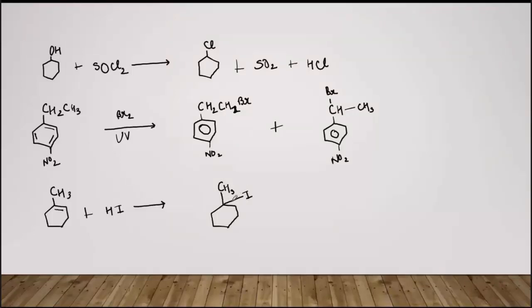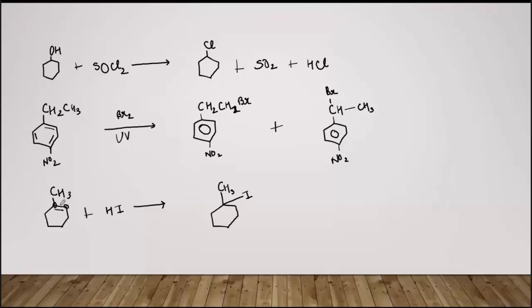Why? Because here there are two possibilities for the attachment of iodine: this carbon and this carbon. Fine. So we have to look at the carbon which has the lesser number of hydrogens.